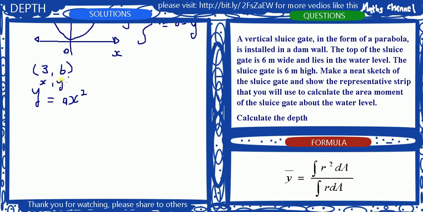So this is our y, this is our x-axis, so we'll put the value of y this side, so we'll put 6, and then it equals a, a coefficient that we don't know yet.